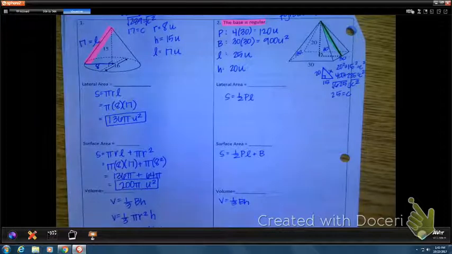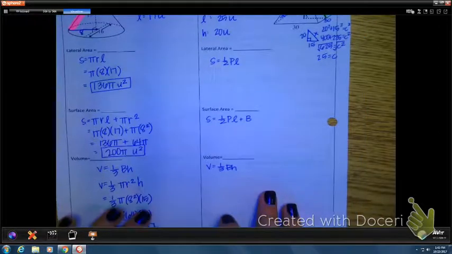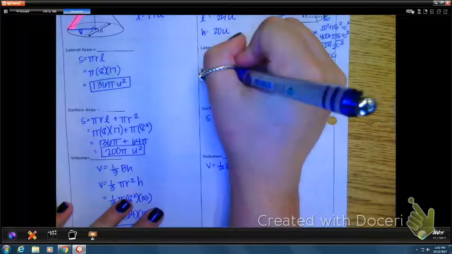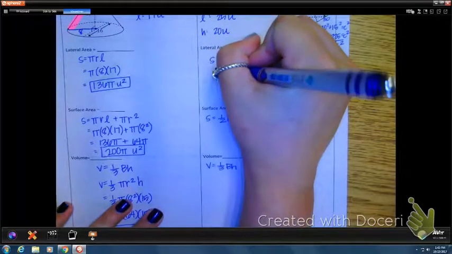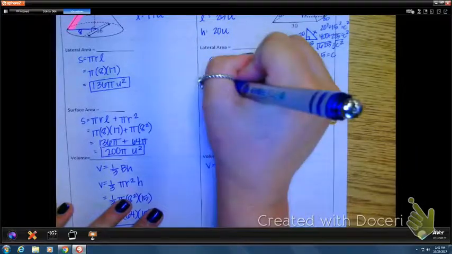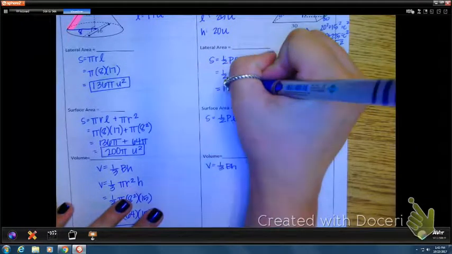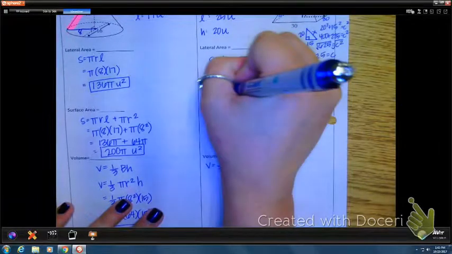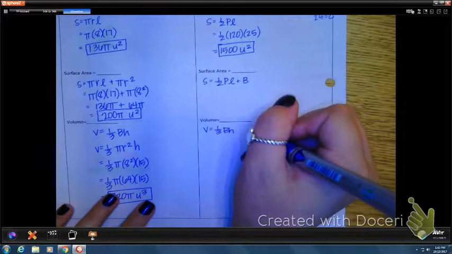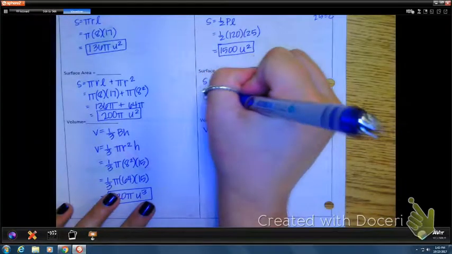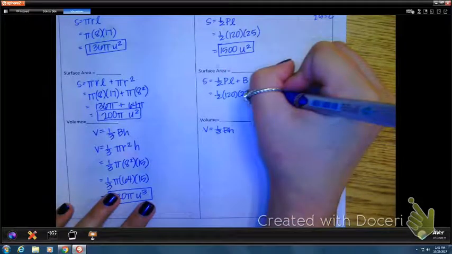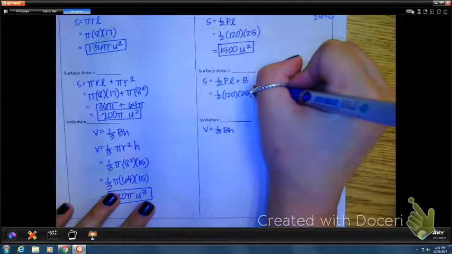All right. So for lateral surface area, you have 1/2 P times L. So you're going to have 1/2 of 120 times your slant height. So you should have got 1,500 units squared. Okay, for total surface area, 1/2 P times L plus area of your base.